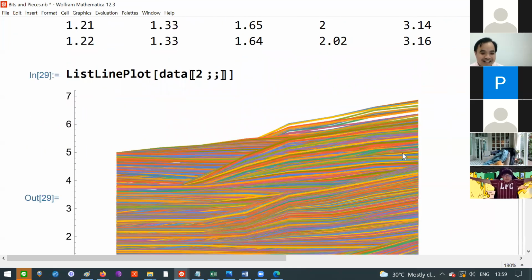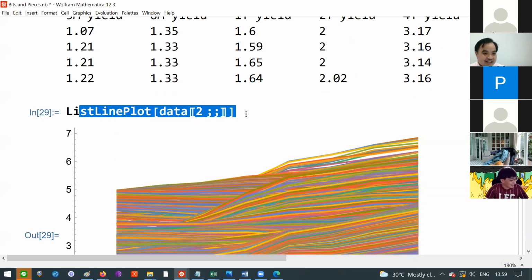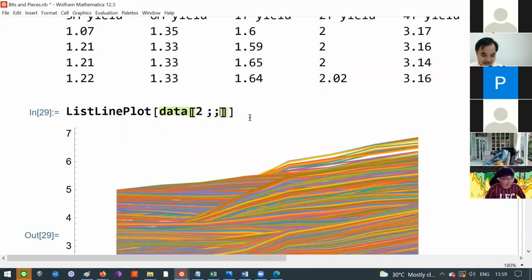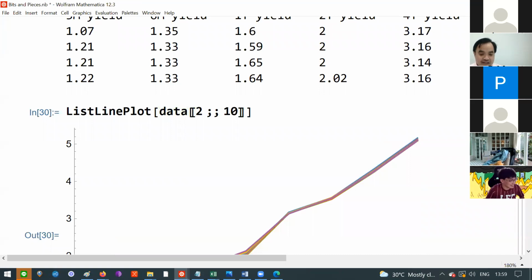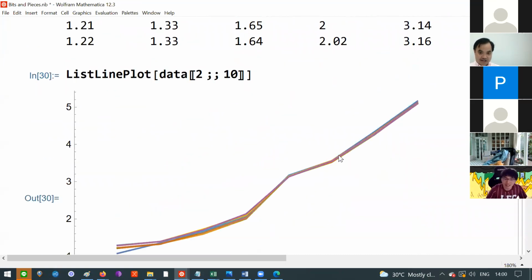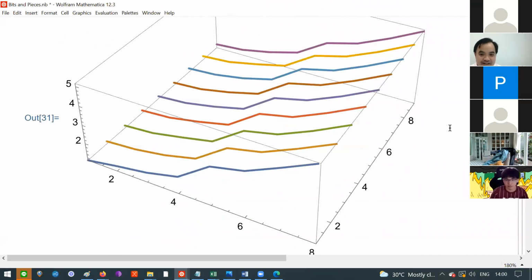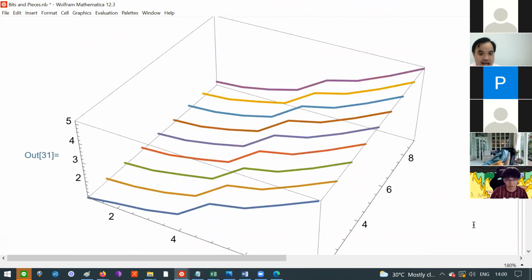This line plot. Let's say, this line plot 3D. That's better.